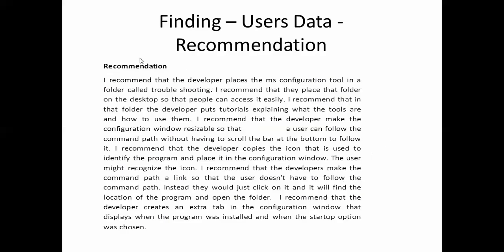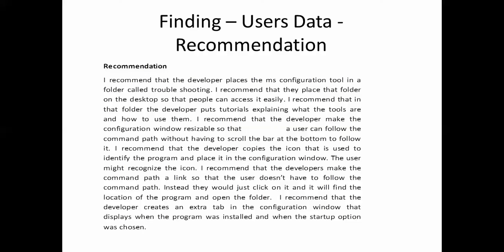All right, and this is my recommendation. I recommend that the developer places an MS config tool in the folder called troubleshooting. This way, they'll know that this tool is used to troubleshoot possible issues with the speed of the operating system.